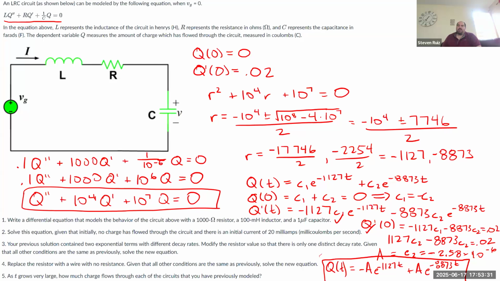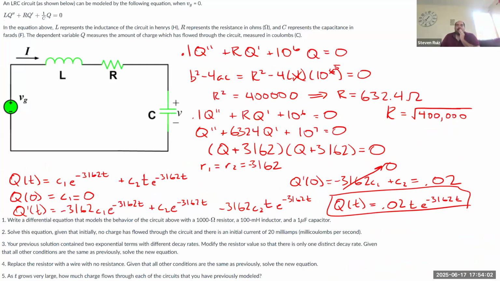Those are essentially both going to go to zero. So as time goes on, my charge is going to approach zero, which might seem weird because even though I start with an initial charge of zero, I also start with a positive rate of change of charge. So let's keep on going, even though that might sound totally against what your intuition says. My charge is going to go towards zero.